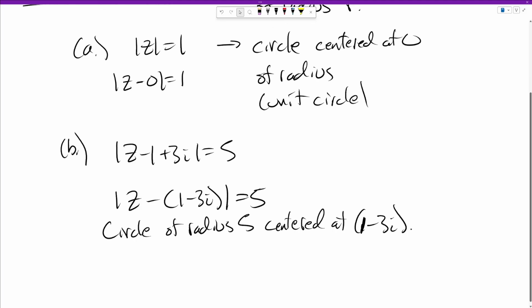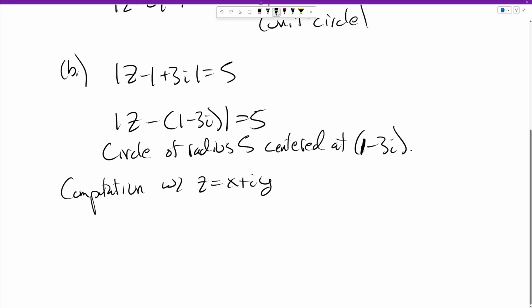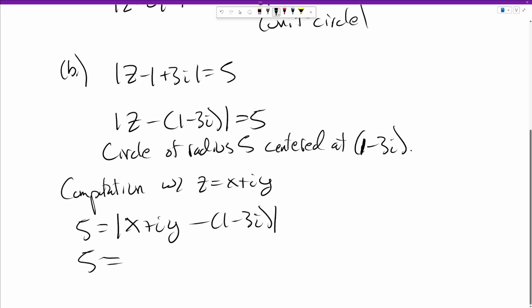And furthermore, let's just do the computation with Cartesian coordinates, just to see that it agrees with what we know the equation should be. So we have 5 is equal to the modulus of z minus 1 minus 3i. To take modulus, you have to first have a single complex number.